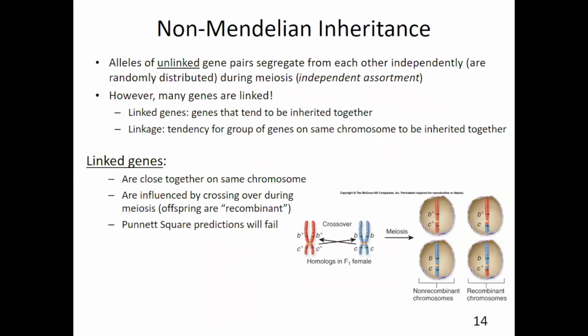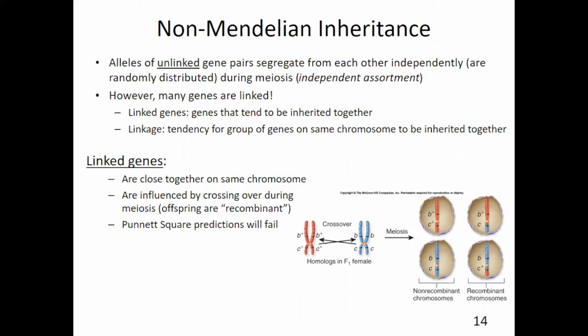What we've learned so far is Mendelian inheritance, when there is one gene with two alleles for one trait. However, there are a number of different inheritance patterns that do not follow the simple Mendelian inheritance patterns. We call that non-Mendelian inheritance.